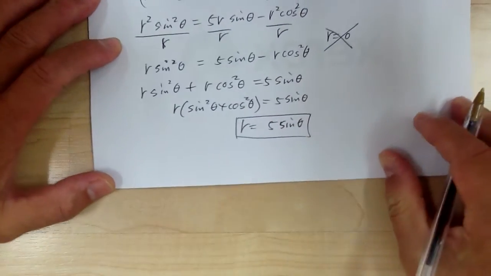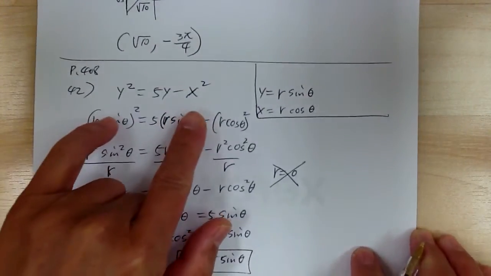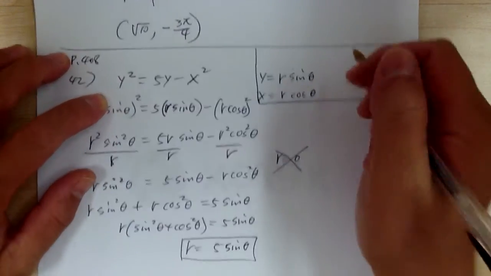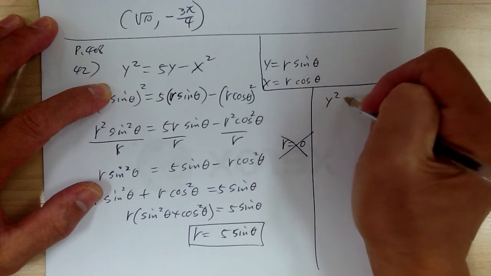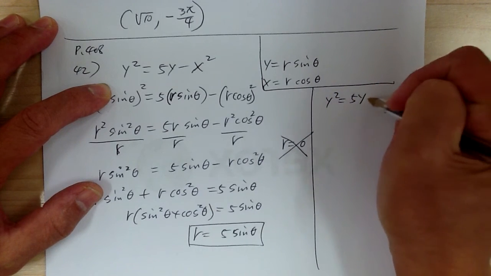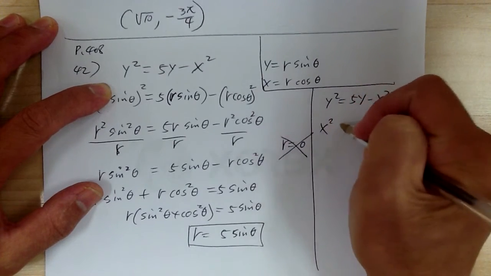Now there's a faster way to do this if you recognize the x squared plus y squared. In other words, another method, the quick way of doing this kind of problem, is to move the x squared to this side already.